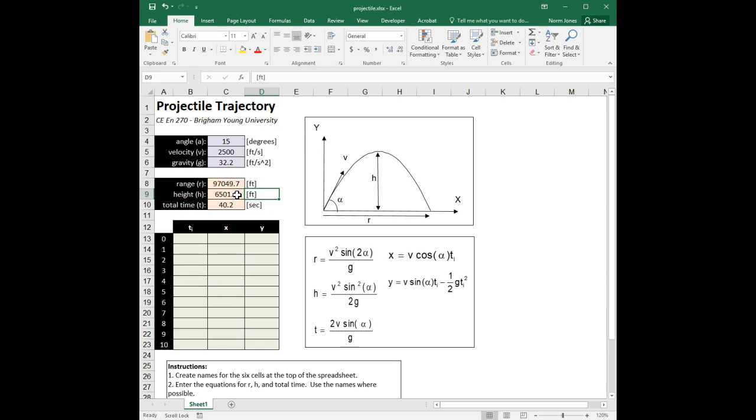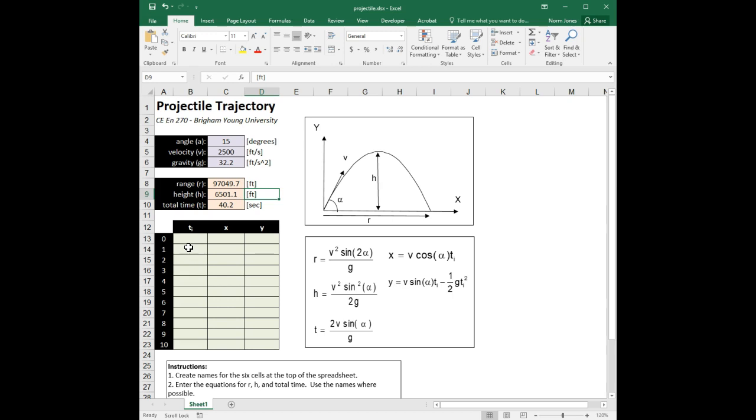One thing that's very important to note is that when you name a cell and then use it in a formula like this, it is by default an absolute reference. You can't name a cell and then use it as a relative reference, unless we do an array formula, which we'll talk about later. But in general, when you name a cell, it is an absolute reference. Okay? All right, now let's go down and look at our table.